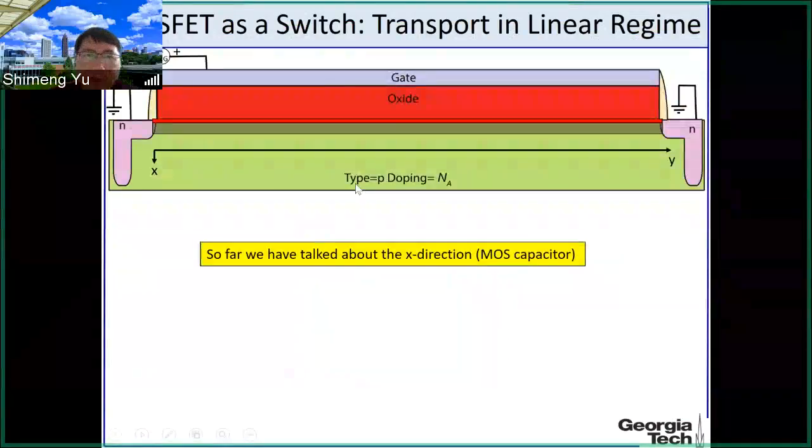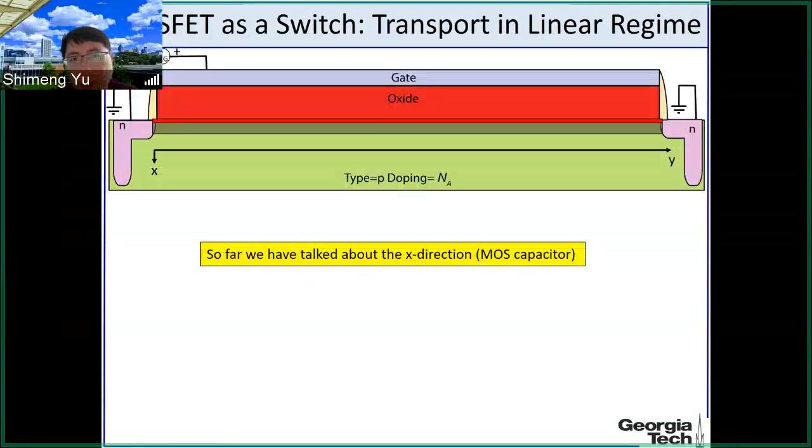we are going to derive the IV relationship. We want to know what is the current given the gate voltage or the drain voltage. Before we derive that, let's look at the charge distribution in the channel. So here let's talk about the x direction. In this example, we are going to use this vertical direction as x.